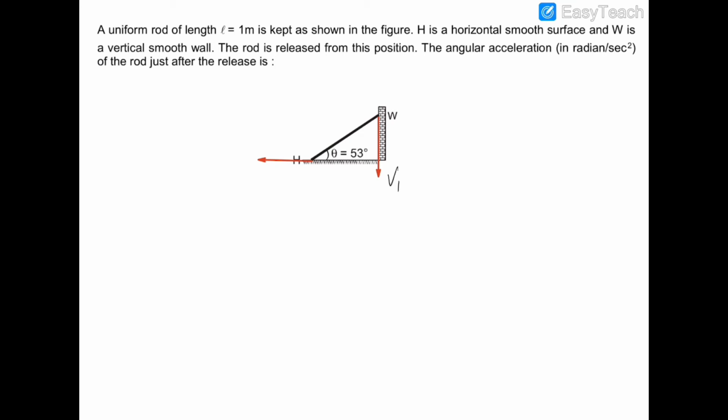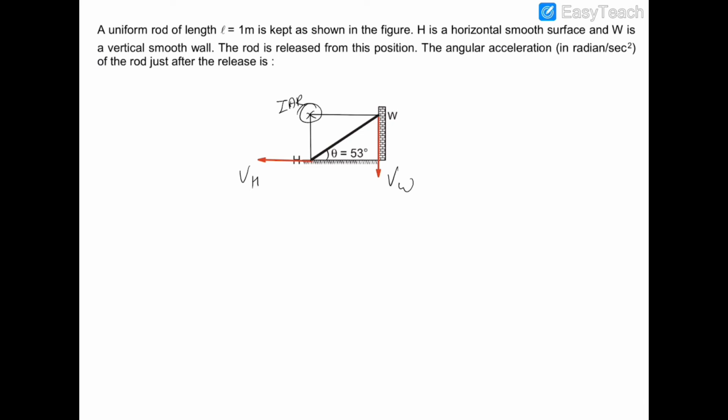So this is VW and this is VH. So if we have to find out the instantaneous axis of rotation, we can see that if we draw the perpendicular to the velocities, then the point at which any two perpendiculars are intersecting with each other is IAR. So this is the IAR of the rod.